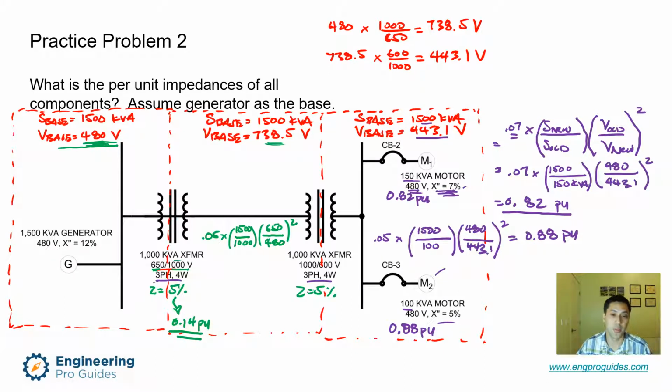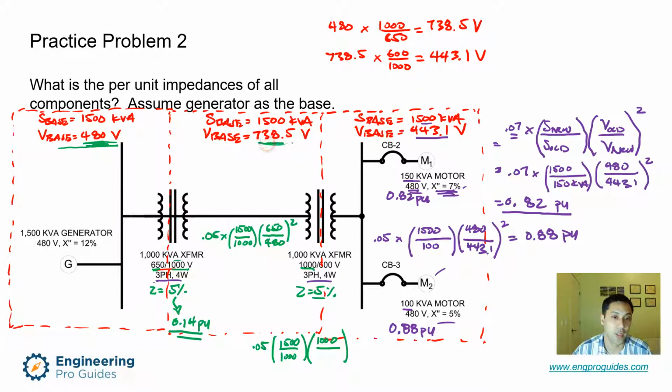And we can do the same thing for this Z equal to 5% for this transformer as well. I will do the same concept, 0.05 times 1500 over 1000, so new power over old power. We have 1000 volts old, so 1000 on the top.